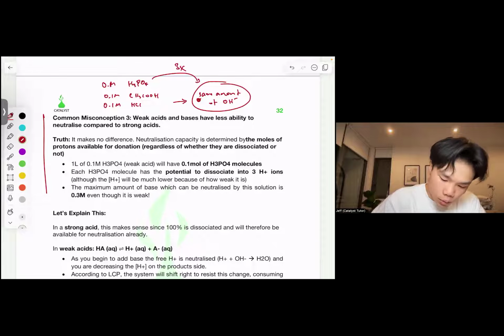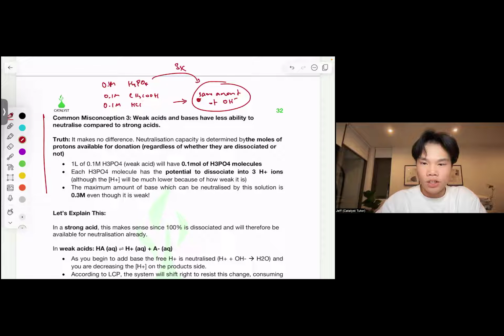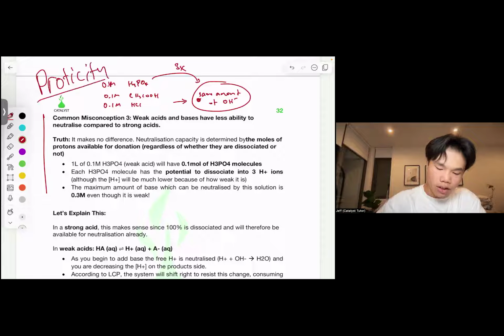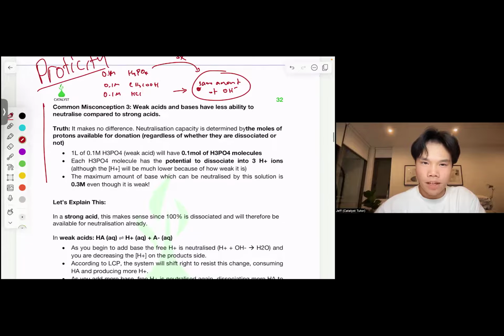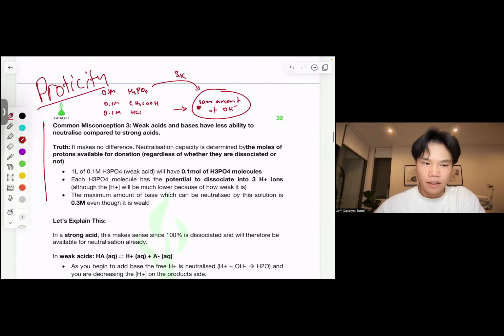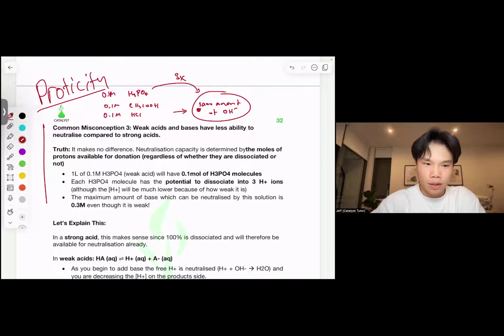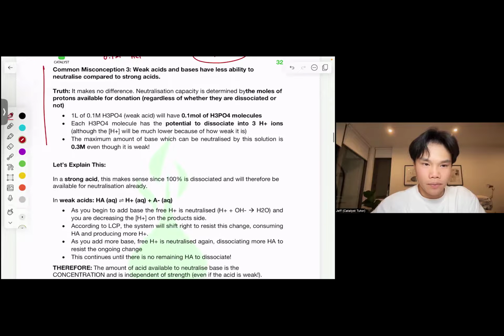We have 0.1 molar here. It tells us that proticity determines how much base an acid can neutralize, not its strength. Are there any questions on that concept? Very commonly mixed up. I can explain it again and in more detail.